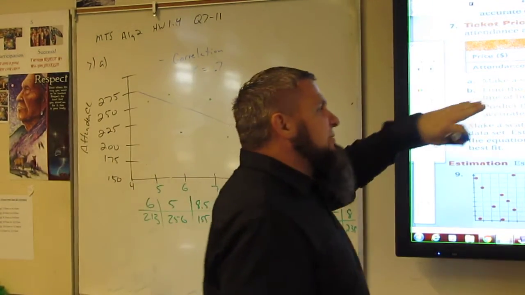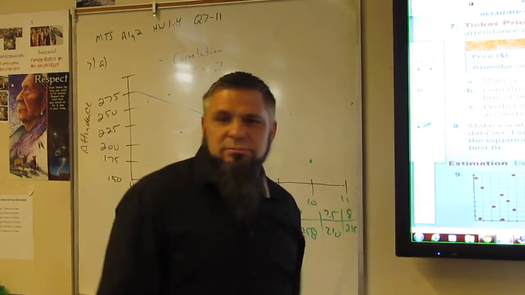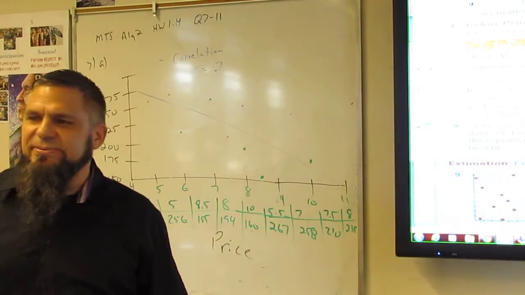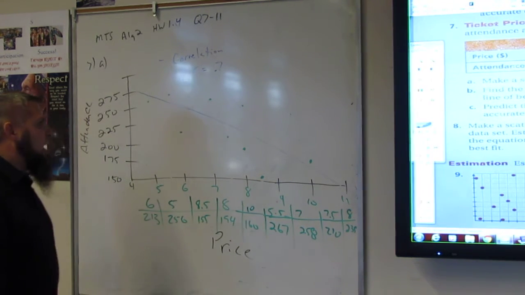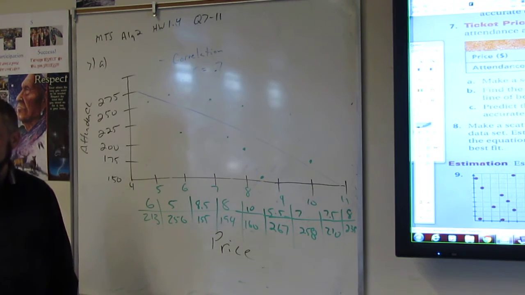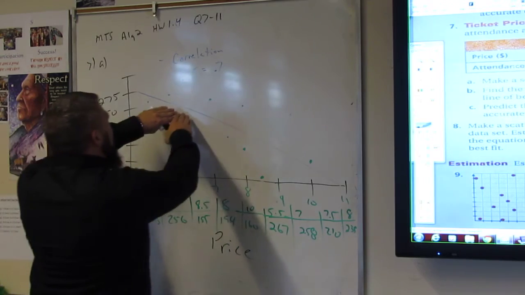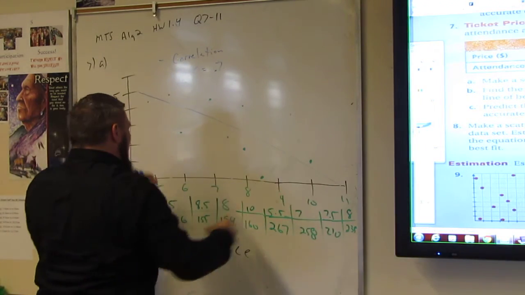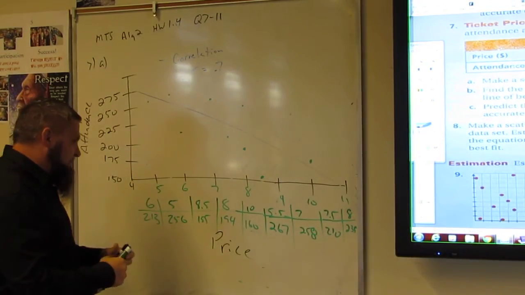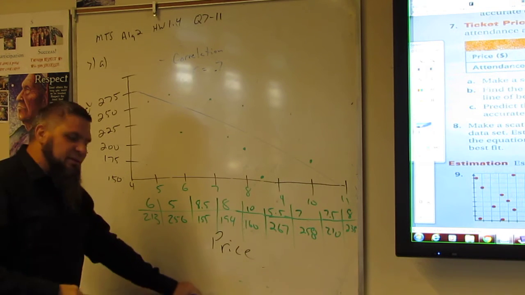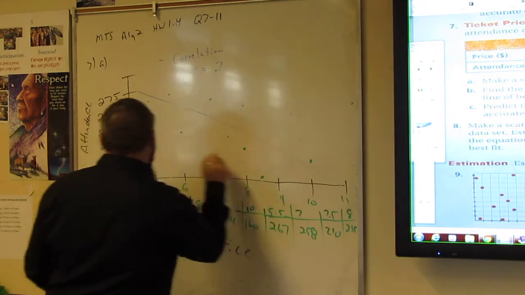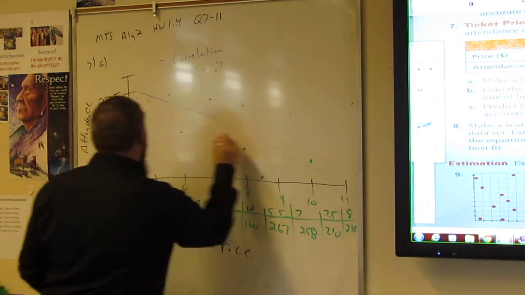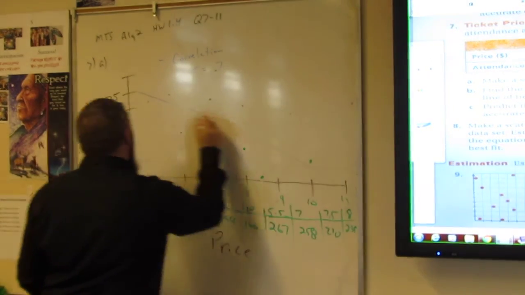Okay, but it also asks for the line of best fit. The line of best fit. All right. So here comes a little strategy. You see how this is a line? Now what I want you to do is take a look at the grid.